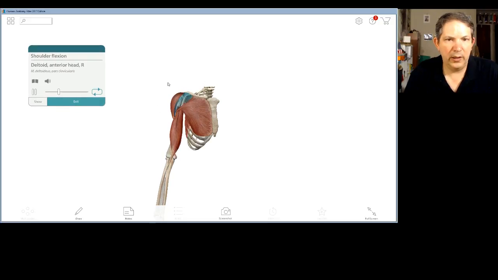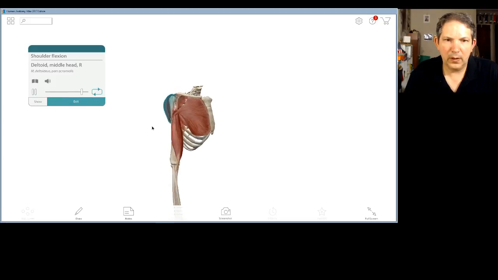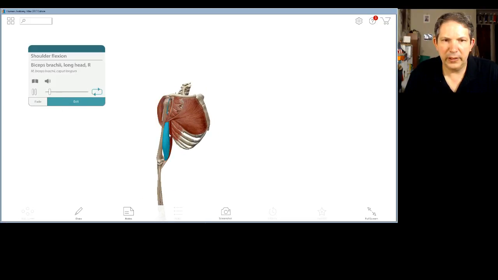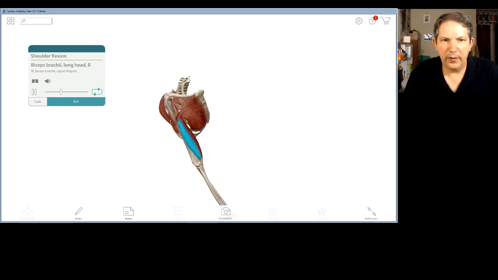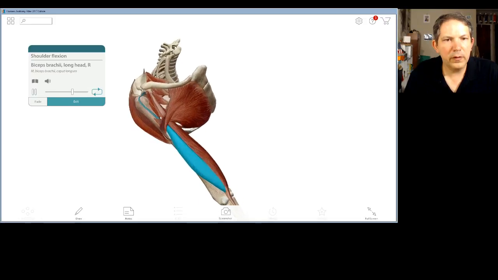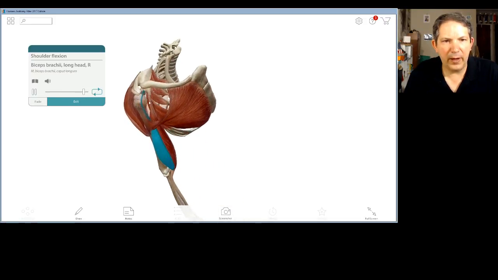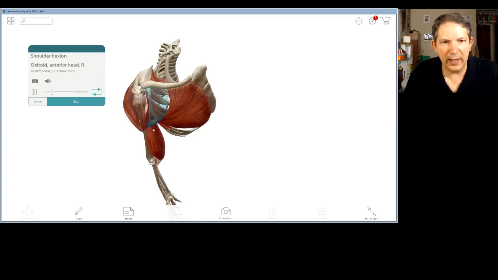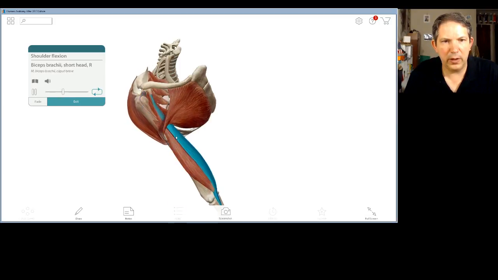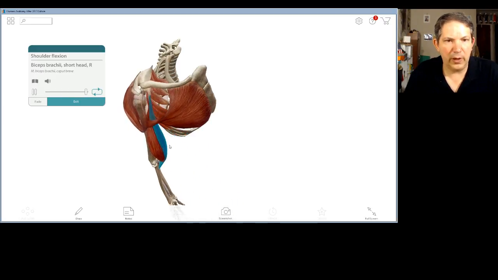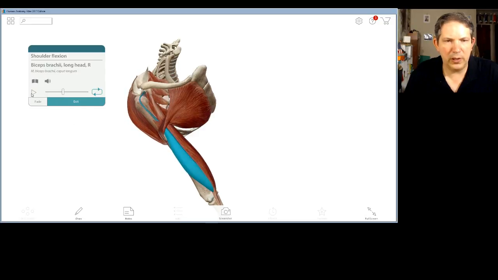If we hide the deltoid muscle a bit, hopefully we can see the tendon of the biceps, and there are two heads here, so we've got two tendons. There's the short head, or brevis, and let me just pause this for a little bit, and the long head, or longus.